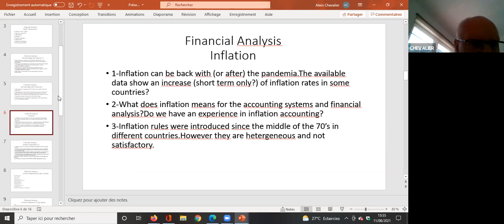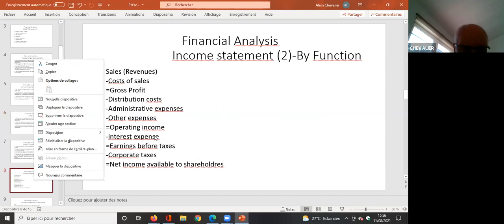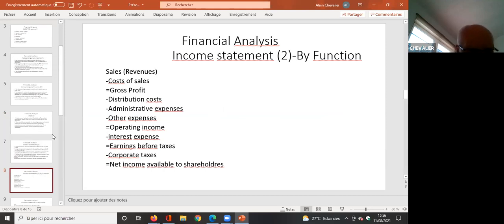The first one was about questions about net earnings, net income, and the second one, questions about inflation. Now it's time for a break, and then we move to the income statement. This will be my next point.